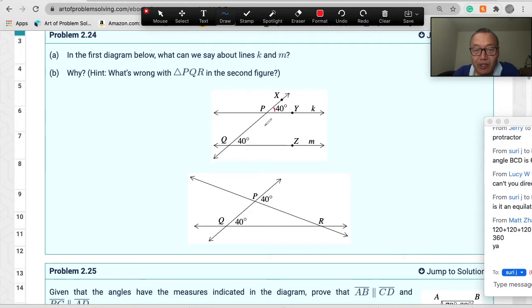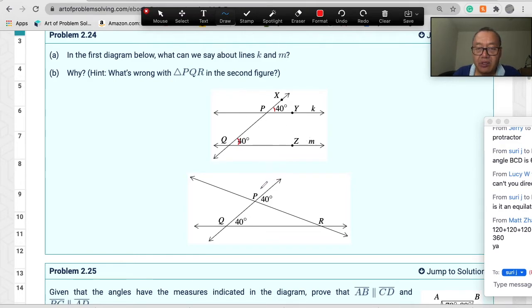Say this angle equals 40 degrees, and this angle equals 40 degrees. We are guessing this line K will be parallel with this line M. Maybe you say no, maybe they're not parallel to each other. Okay, if you don't agree with me, I'll give you a very weird result that will conflict with what we already know.